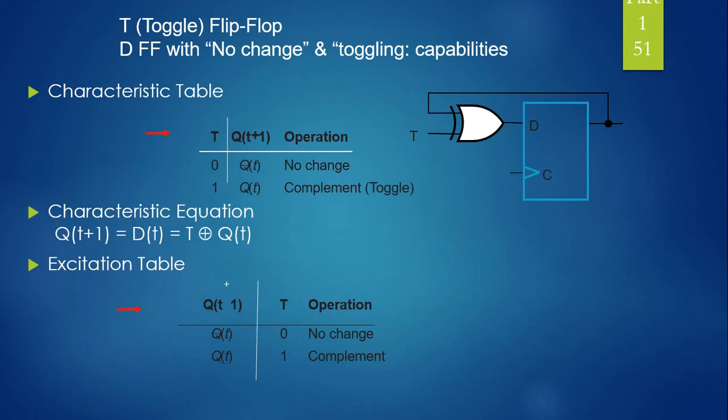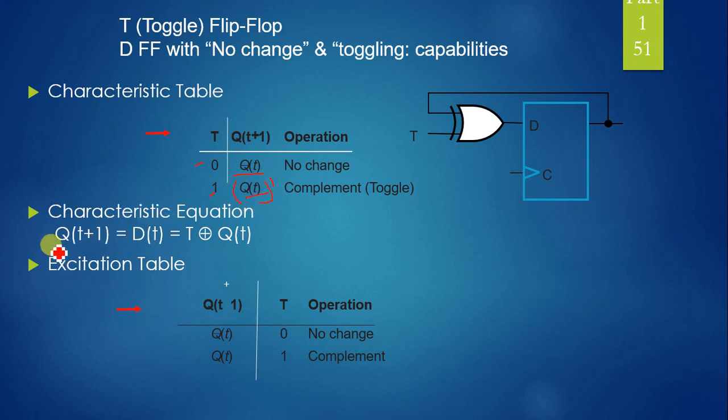Similarly, for a toggle flip flop, we have T and Q of t plus 1. Whenever T is 0, which is input driven, the output is Q of t, and whenever it is 1, it is the complement of Q of t, given as Q of t complement.